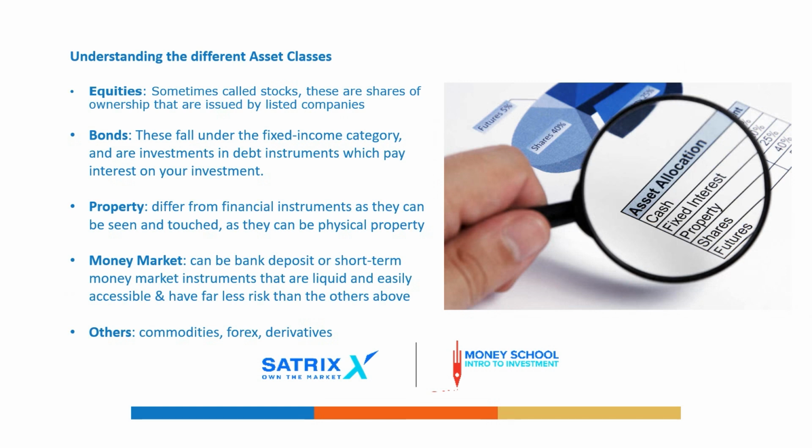These are listed on a stock exchange. You may have heard of the JSE and the New York Stock Exchange, and they trade on a daily basis. The markets open in the morning and close in the afternoon. That's just the basics of what equities are.